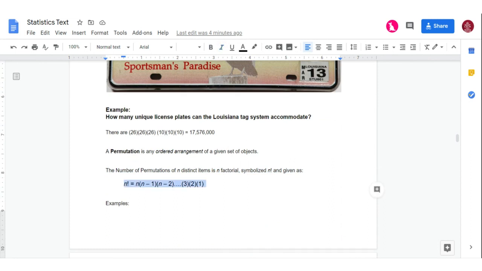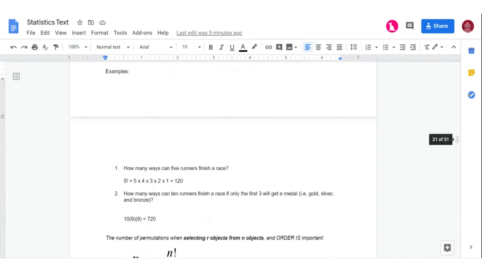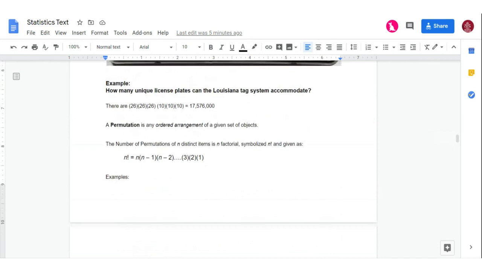And you may have seen this on your calculator here. I'll show you on the calculator, because it's buried on most scientific calculators, or at least the old type where you just had one set of keys. It's pretty easy to find, even though I don't know how many people use it. But that N exclamation is called factorial.